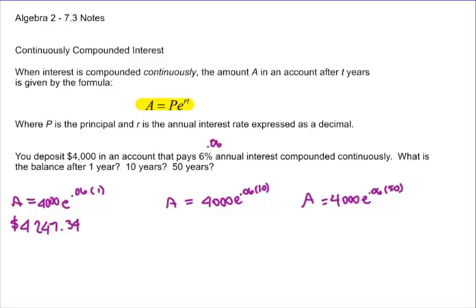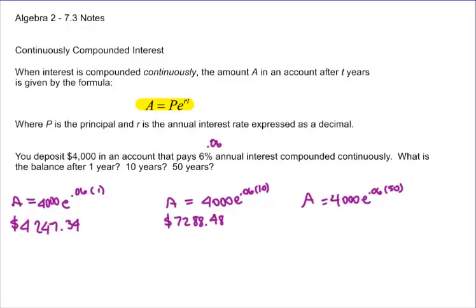Alright, on the next one, I'm going to take that same thing, and now I'm going to have in my exponent 0.06 times 10, which is $7,288.48.